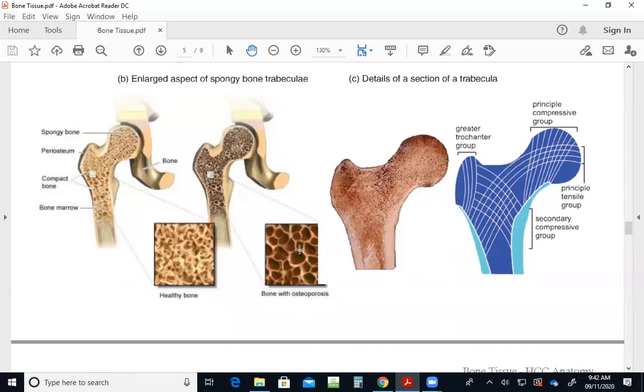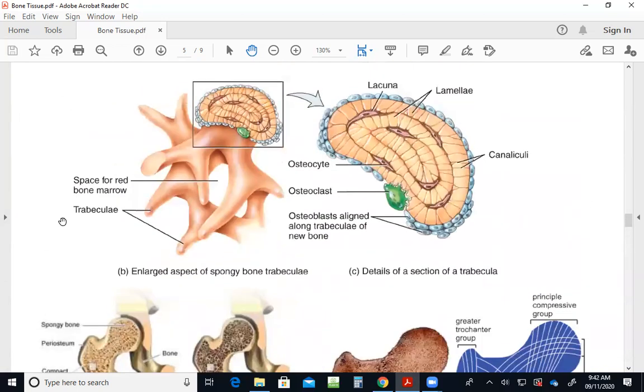A broken hip a lot of times actually has nothing to do with the actual hip bone, but instead it's a fracture of the femur right here, what's called the femoral neck. You can see how skinny that is compared to the head and the rest. It's right where the head inserts into the hip. So it's at the hip joint, but it's actually a broken leg a lot of times. It's kind of misknown. Not worried about the images at the bottom, but I do want you to know figures B and C here in the middle of the page.